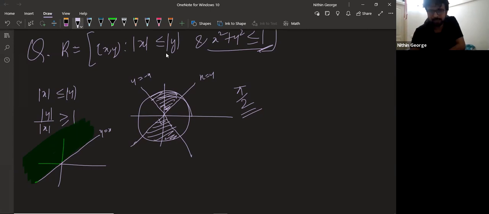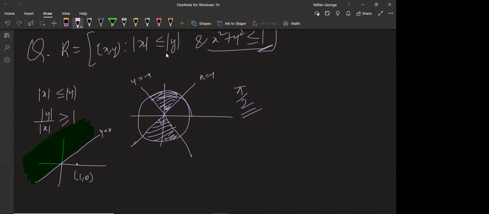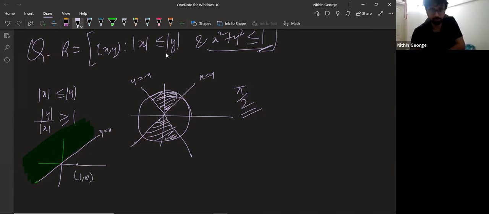Just take a point in any region and check. That's all. Understand? If I take the point 1, 0, what happens? Mod x will be greater than mod y. So I'll take a point in this region, 0, 1. But you don't need to do that. Once you realize this is not in this, it's in the other region. Understood?